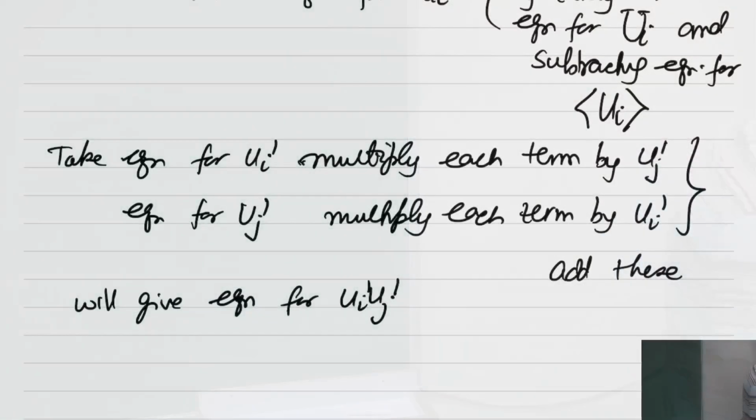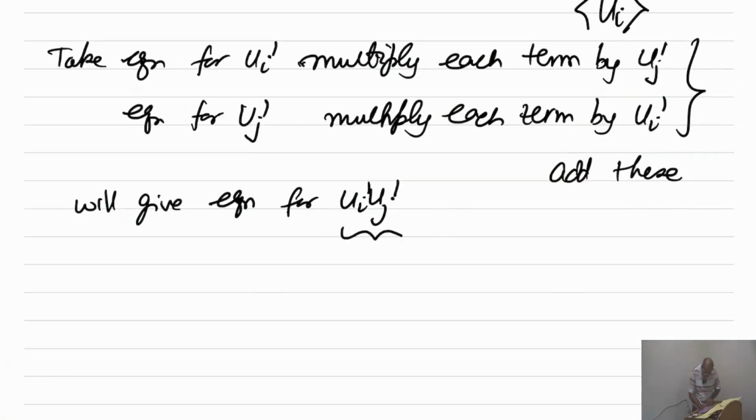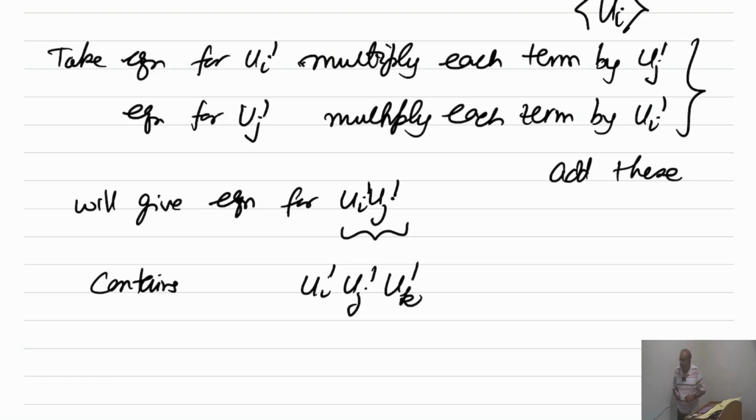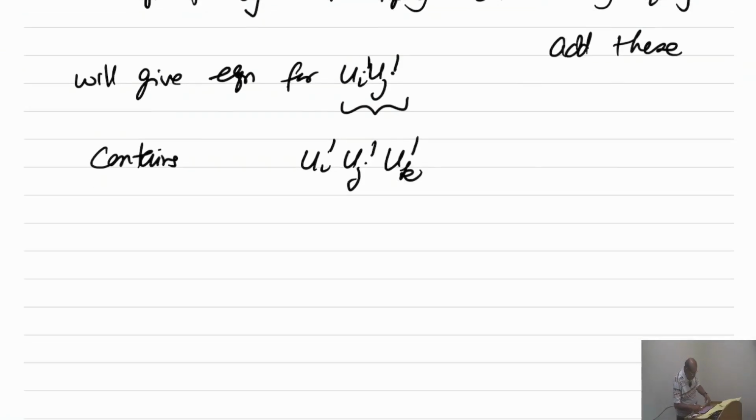Now, what you will find is this equation for ui prime uj prime, right now it is not averaged, contains ui prime uj prime uk prime. This equation will contain now a third order term, okay, and it will also contain terms like ui prime p prime.